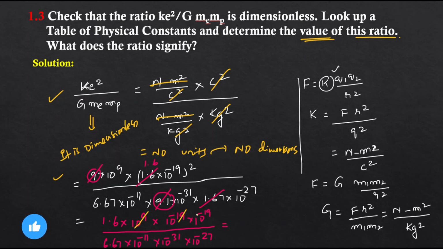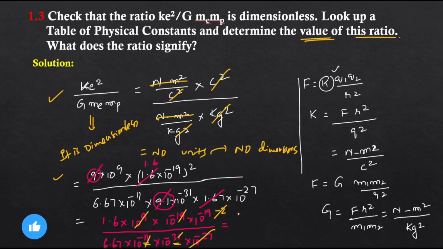In numerator 10 to the power of minus 29 is there. Denominator 10 to the power of minus 27 is there. So I am cancelling 27. It can be 10 to the power of minus 2. If we check in denominator, 10 to the power minus 11 minus 31 is nothing but minus 42. So cancelling the 2, here in denominator we are getting 10 to the power minus 40.